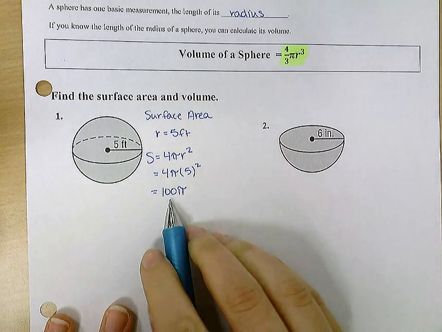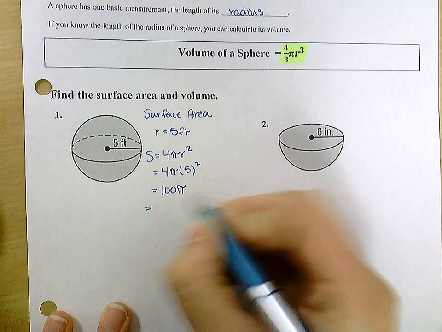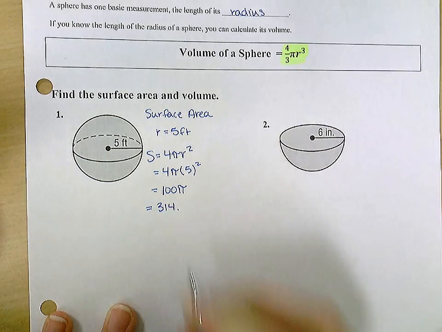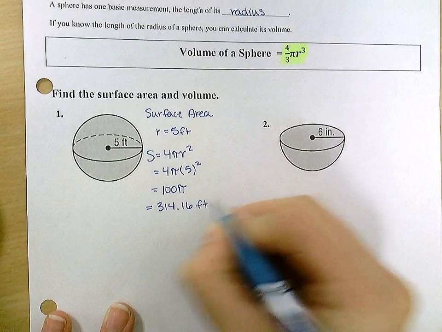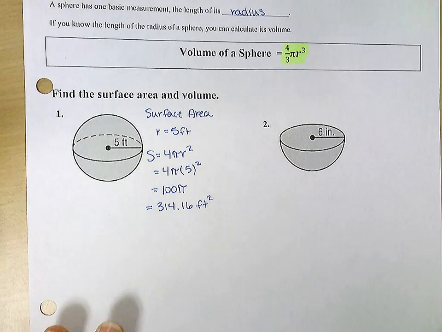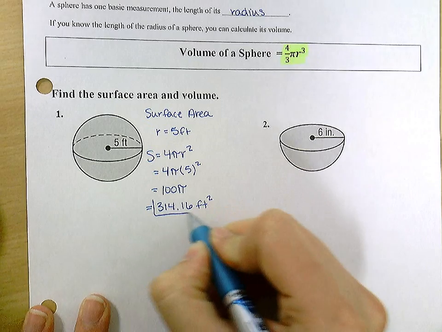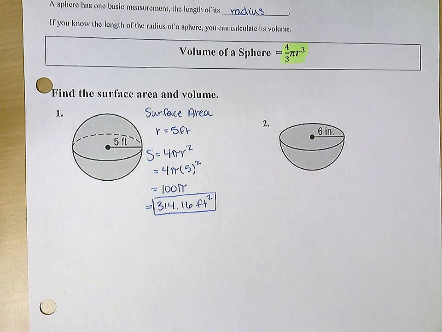But you don't have to leave it. You can multiply, and you should get about 314.16. That would be the surface area of this sphere.